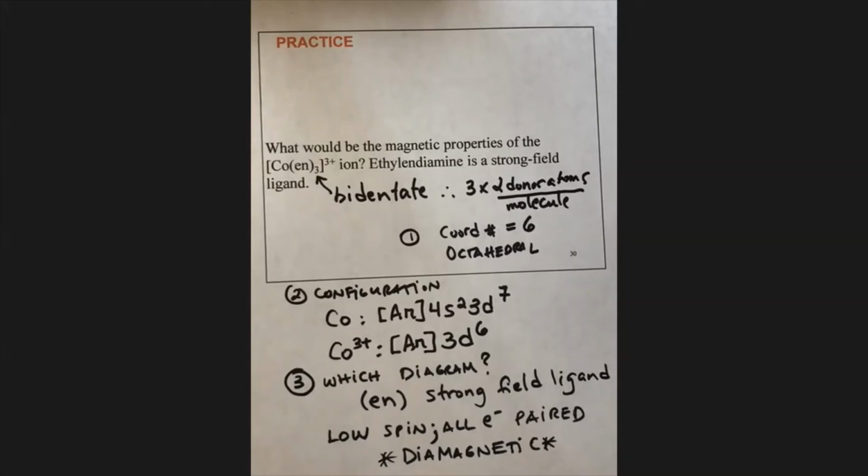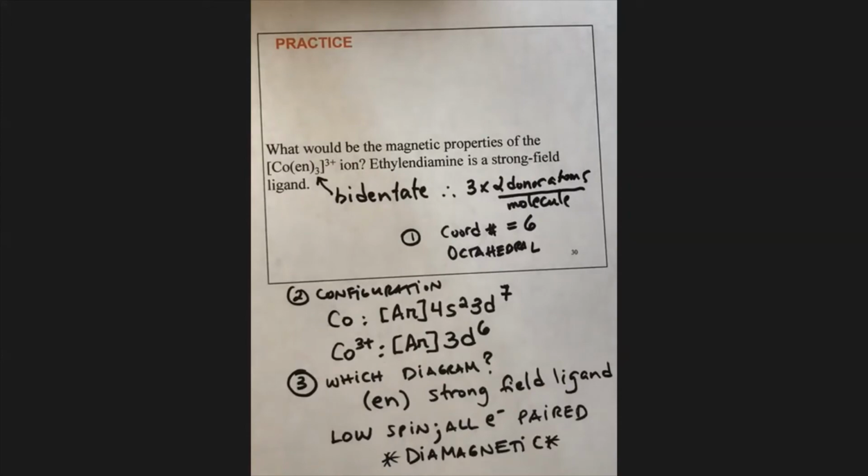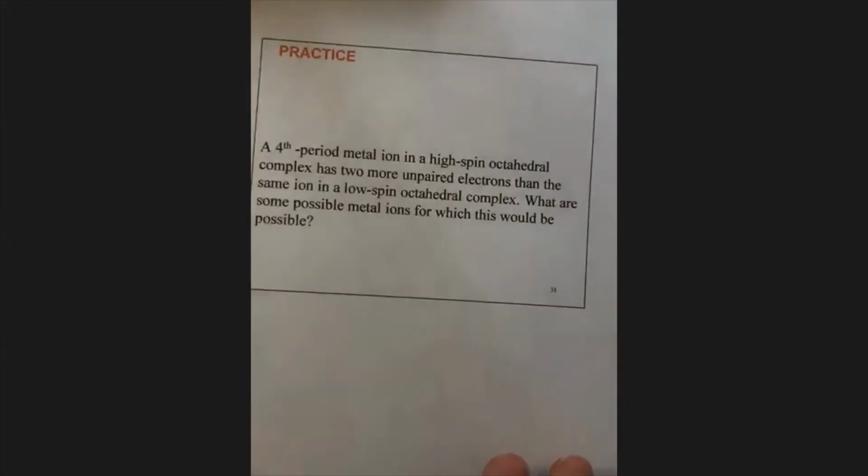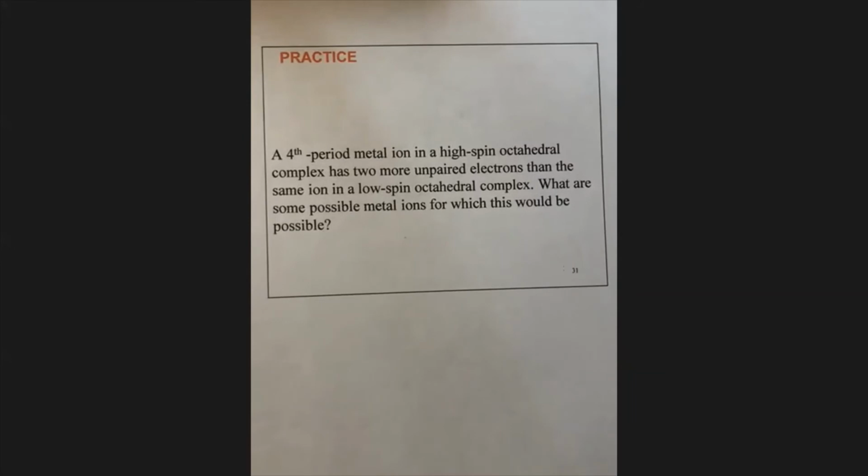All right, let's look at the next practice exercise we have in here. You have this in your handout. I'm going to let you guys think about this one for a moment. All right, it says a fourth period metal ion in a high spin octahedral complex has 2 more unpaired electrons than the same ion in a low spin octahedral complex.